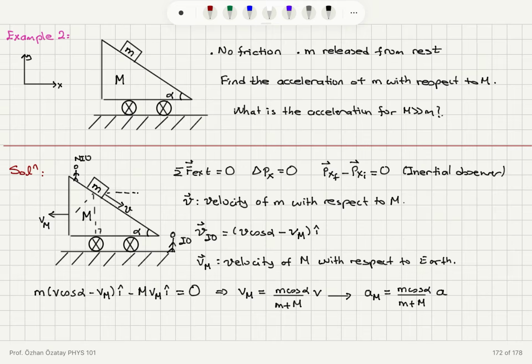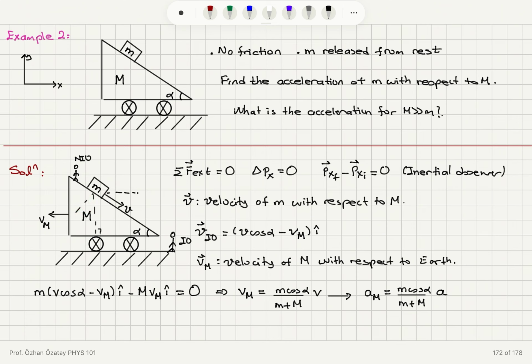This was done by looking at the linear momentum conservation, because from the point of view of the inertial observer, we have no external forces acting on the system, and the velocity of m on the x-axis, x component, according to the inertial observer, will be v cosine alpha minus v capital M, because it's on a reference frame which is moving with this velocity.